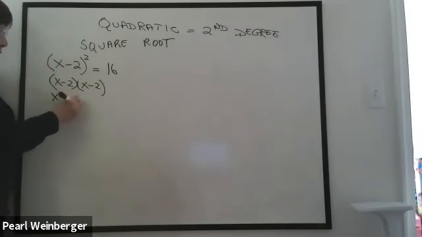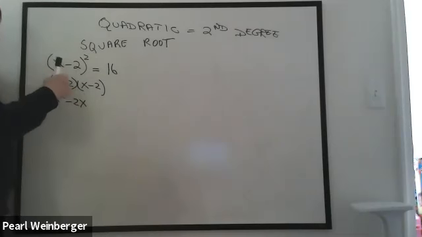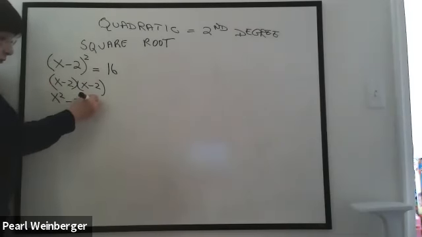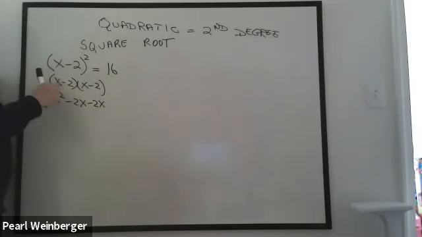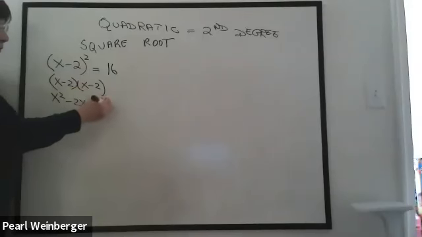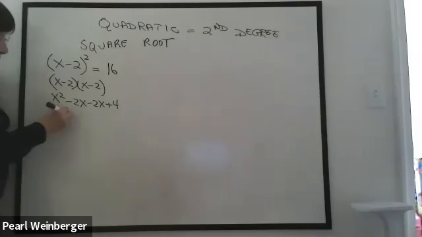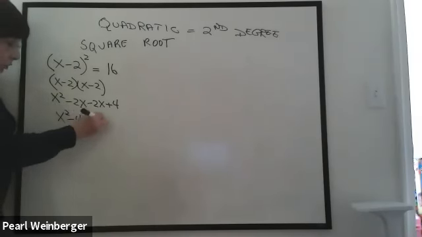Outer is negative 2x. Inner is negative 2x. And last is negative 2 times negative 2, which is positive 4. Or if we put everything together, x squared minus 4x plus 4.